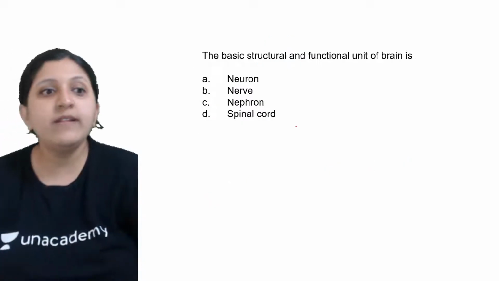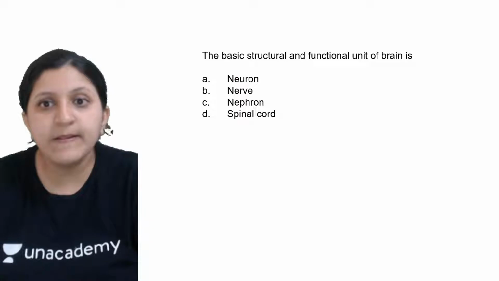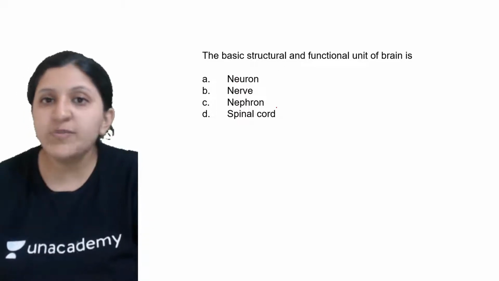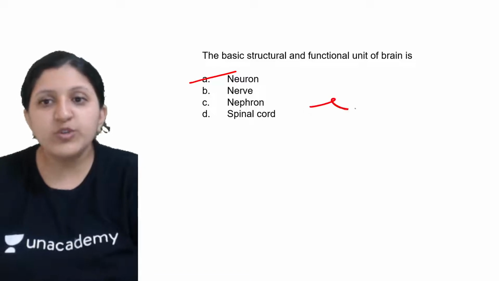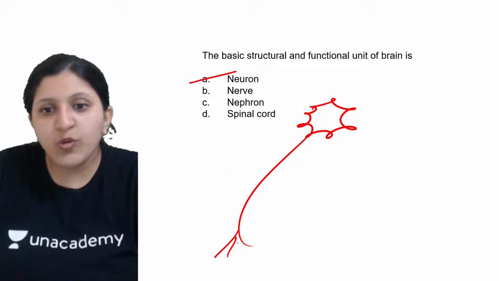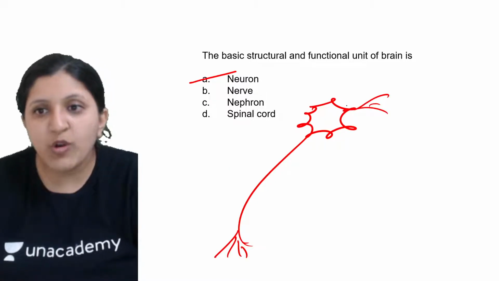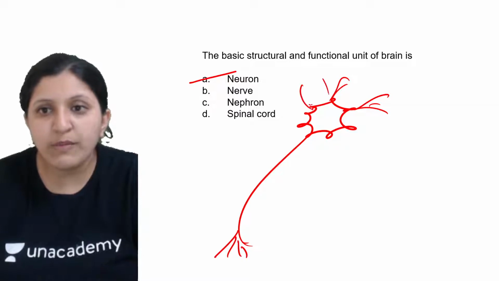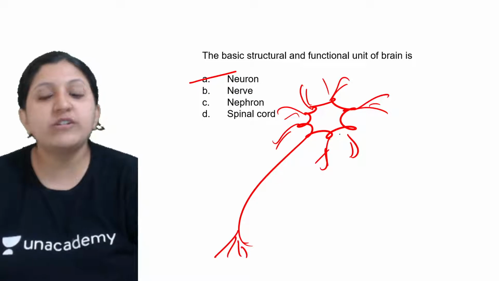Next question: the basic structural and functional unit of the brain is neuron, nerve, nephron, or spinal cord. The structural and functional unit is the neuron itself. One long process is there, then at the end you can see the branching. These are the dendrons, which branch again to form dendrites.